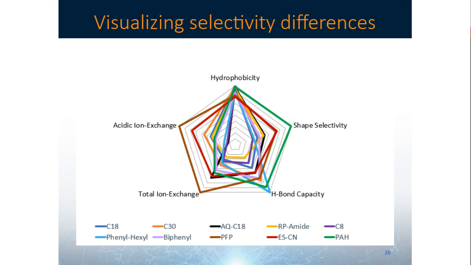Okay, we can move on to another question. This says, would you have recommendations for column stationary phases to try for separations of excipients, surfactants? That's a great question. So surfactants are a bit of a tricky analyte because they're normally zwitterions.